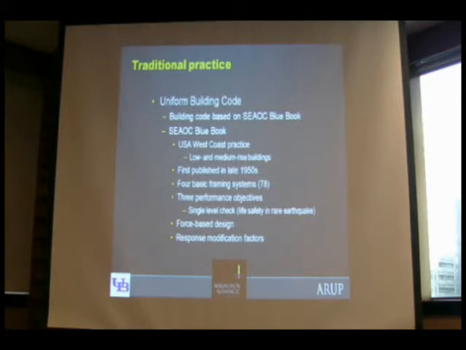That the structure would be quite life safe. There would be no substantial loss of life in rare earthquake shaking, perhaps shaking that might be seen every 100 years or 200 years, and then there'd be no collapse in the event of a very rare earthquake. So 3 performance objectives, yet there was only one single level check, and this was life safety in a rare earthquake.